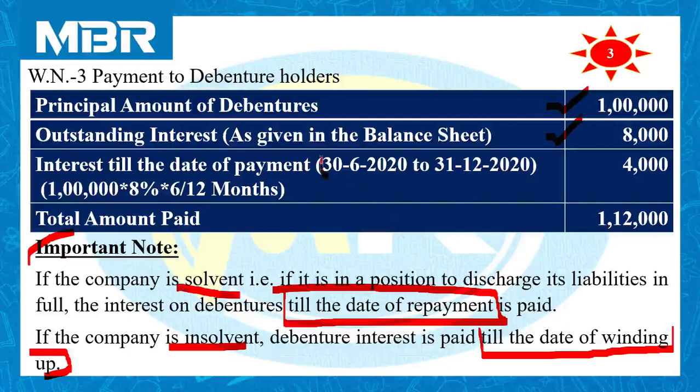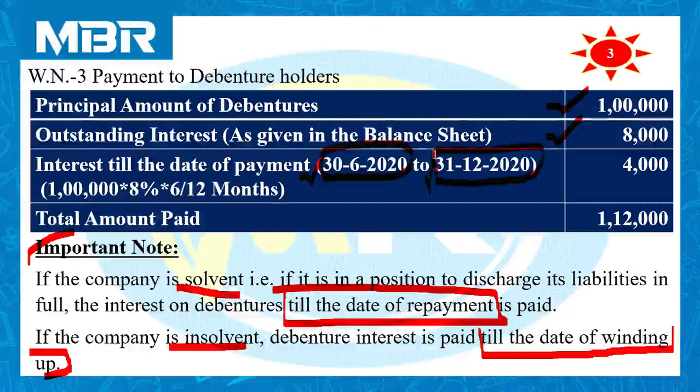Now check the date of the balance sheet. The date of the balance sheet is June 30, 2020, and the date of payment to the debenture holders is given as 31st December 2020.